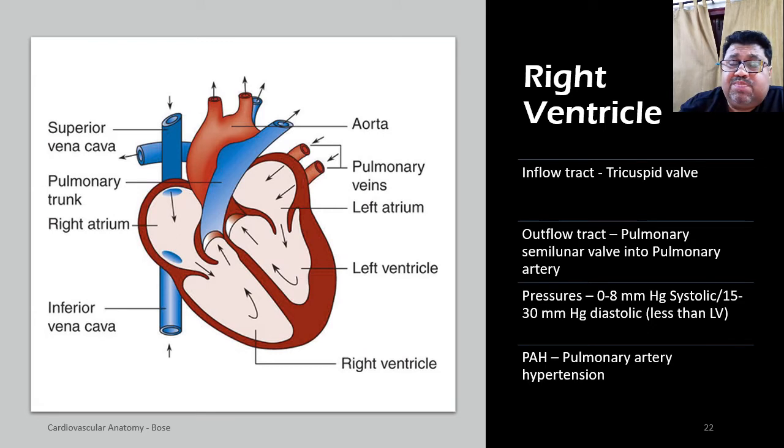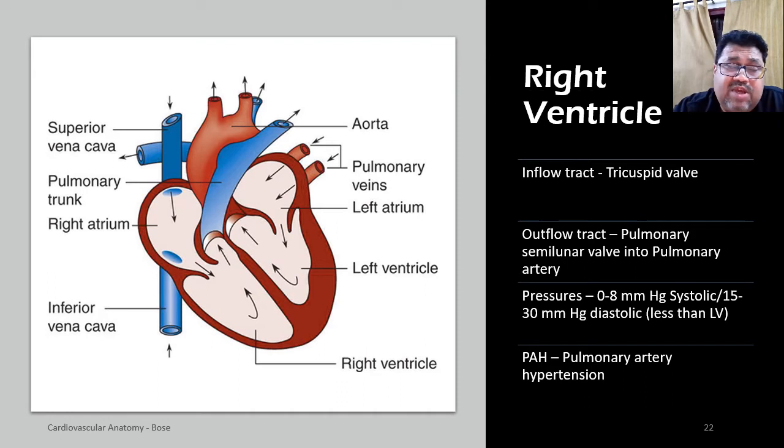It ejects blood to the lungs via the pulmonic or pulmonary valve, which is a semilunar valve, and ejects it into the pulmonary artery.